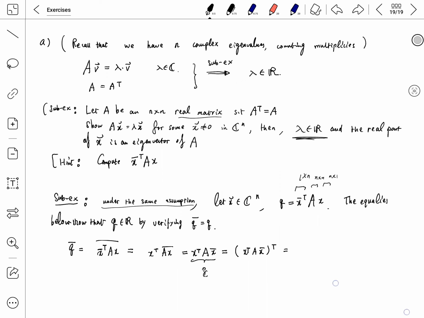So if you apply this transpose here, this is the transpose A transpose, which is again A, and x. And this goes back to Q. And so we have proved this is always a real number.